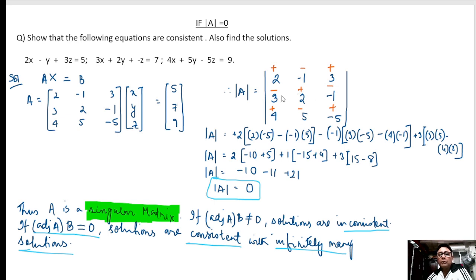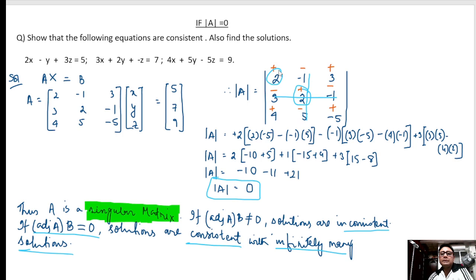Similarly, if you want to take the cofactor of this, you cannot take this column and this row. You have to take this, this, this and this. And if you want to find the cofactor of this, you cannot take this column and this row.